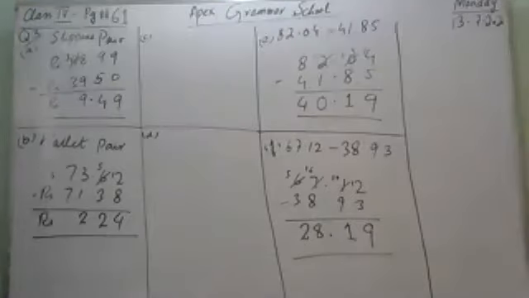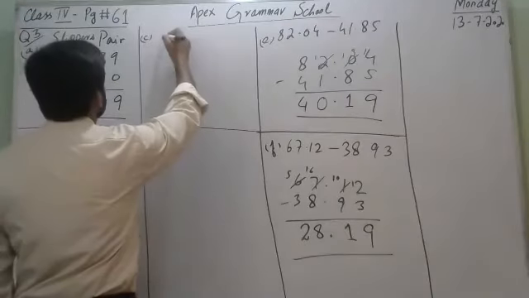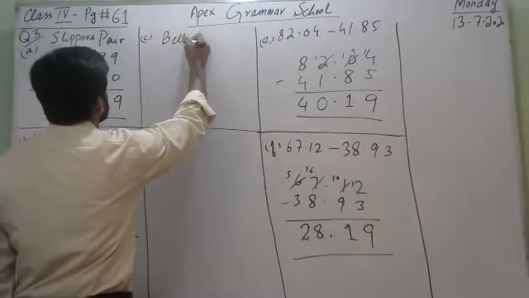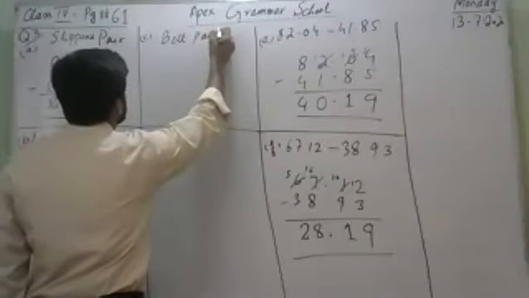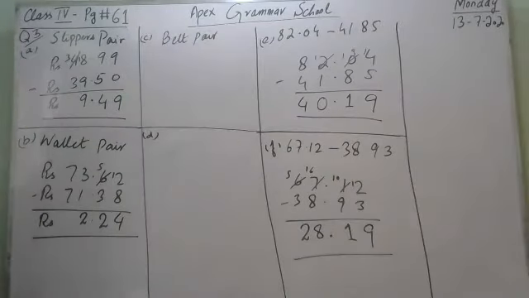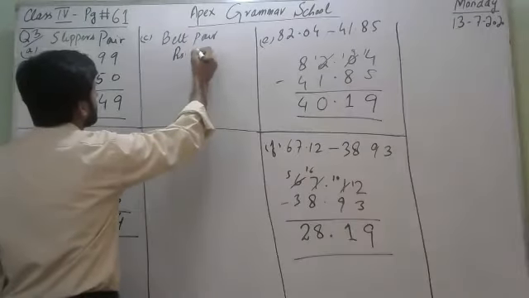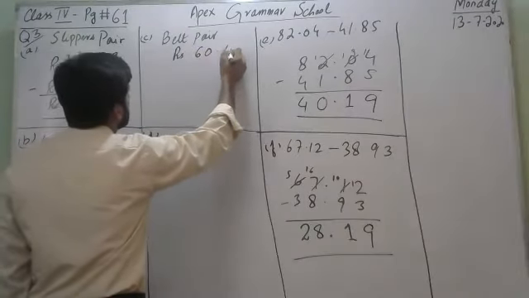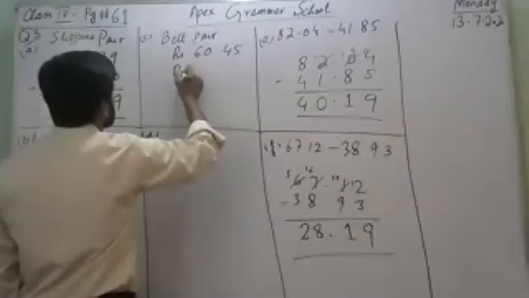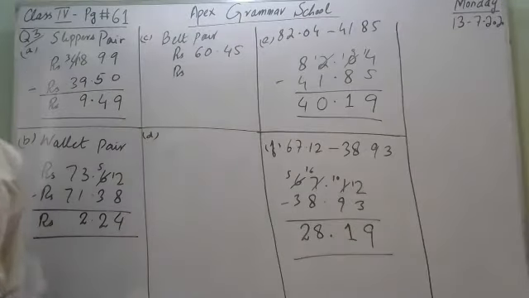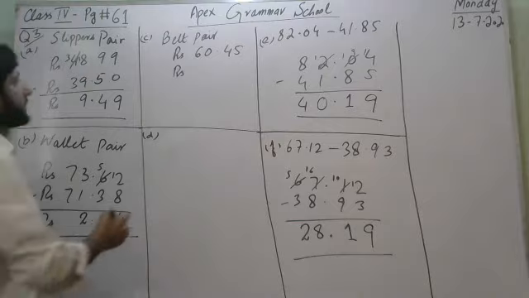C part is belt pair. Price of first belt is rupees 60.45. Next is rupees 44.80.